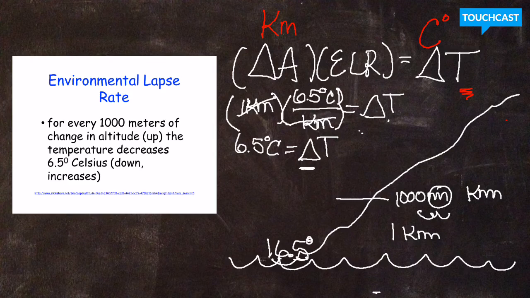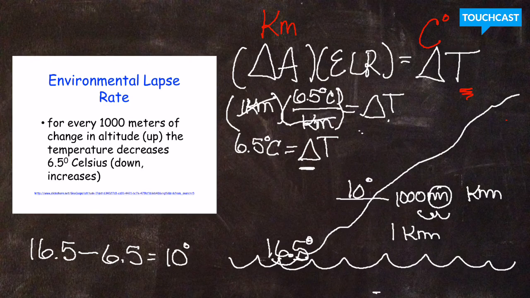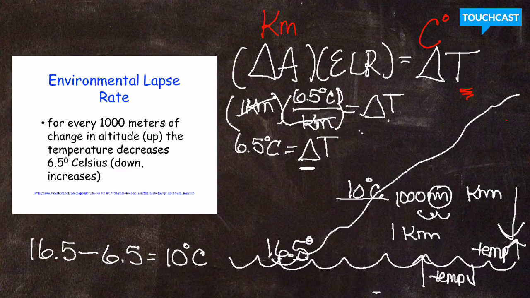Here's the point: the temperature started at 16.5, the temperature changed by 6.5, and that's going to give me 10 degrees as my temperature here. Now, how do you know whether it's going to be minus or plus? Well, if we're going down the mountain, temperature is going to increase. If we're going up the mountain, temperature is going to decrease.